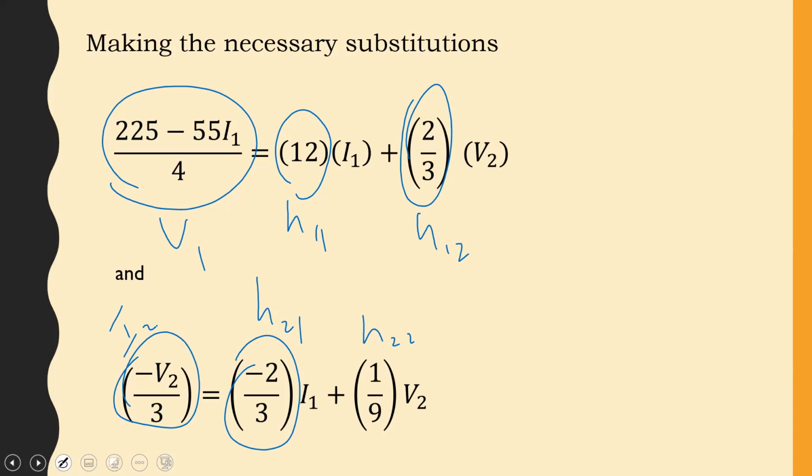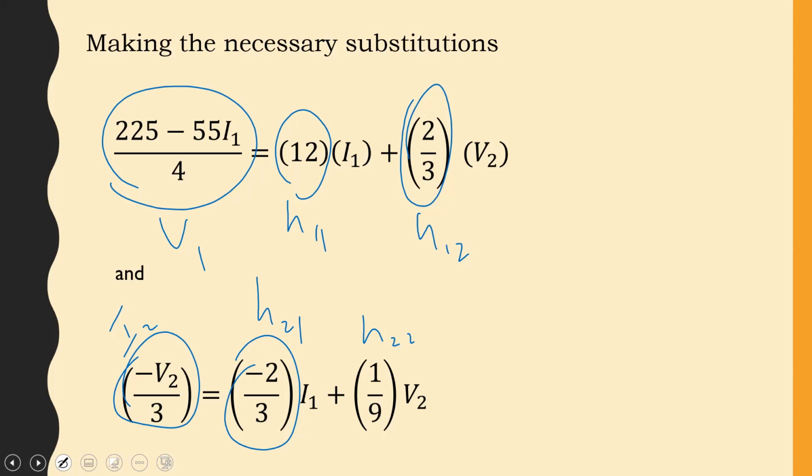So from having the hybrid parameters, I put into this equation, and we solve.